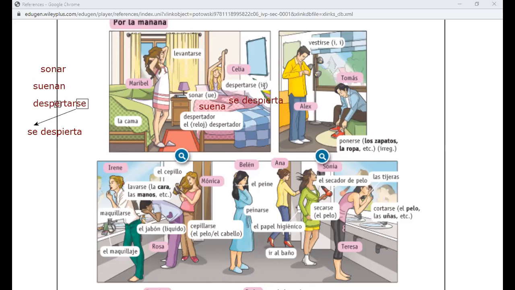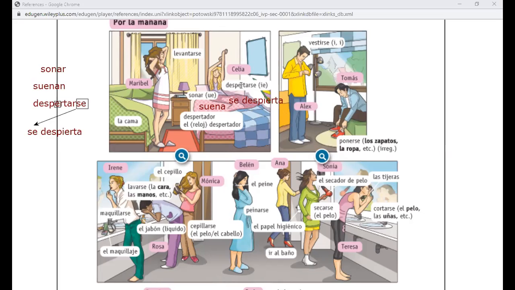When you learn the verb, you already see in brackets how the verb is going to be irregular. So just before the infinitive ending, that syllable has the change. You see that? You get it now? Sí.